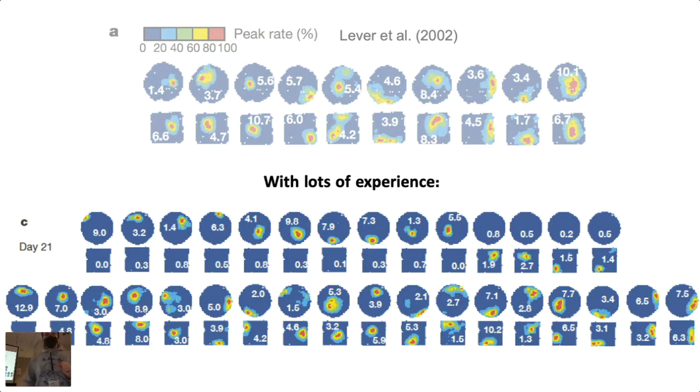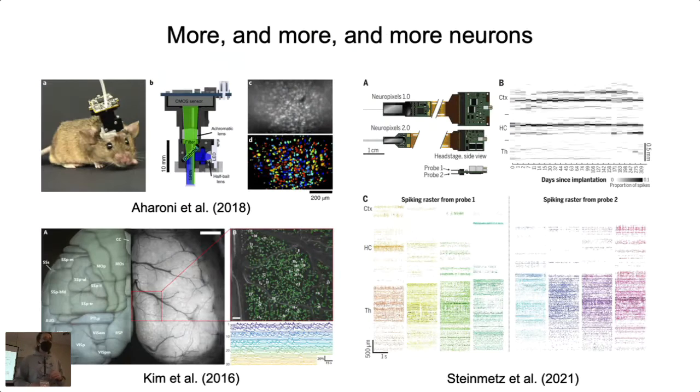So neuroscience recording technology has come a long way in the last 20 years, especially in the last 10 years. And now we have techniques like calcium imaging, which I'm going to talk about today, that allow us to record the same cells and then track them over extended periods of time using optical methods.